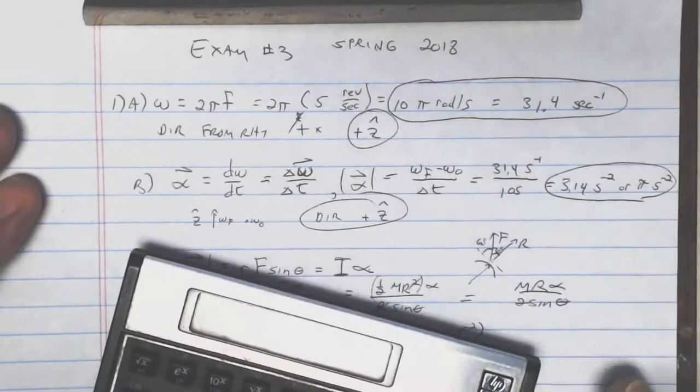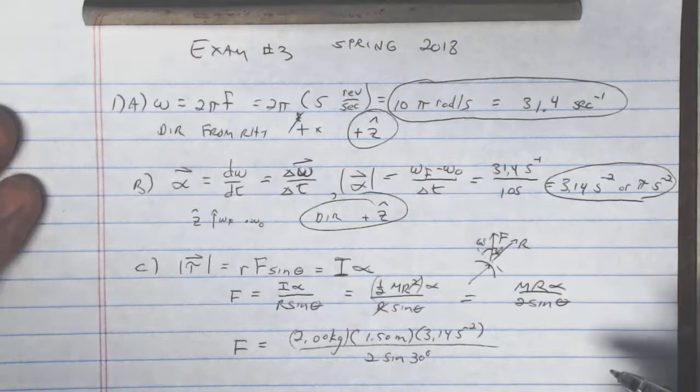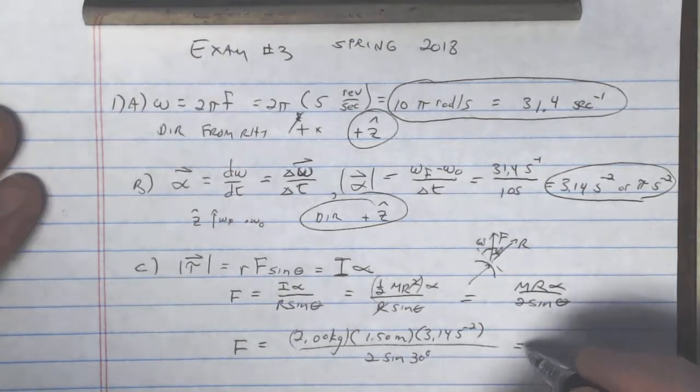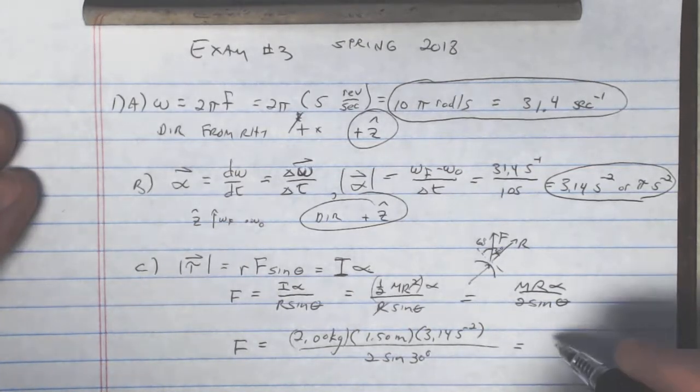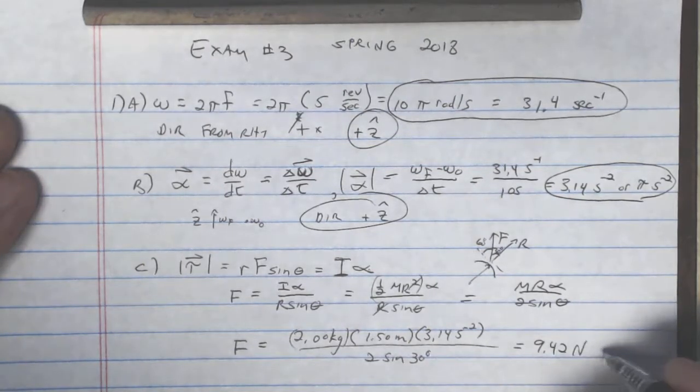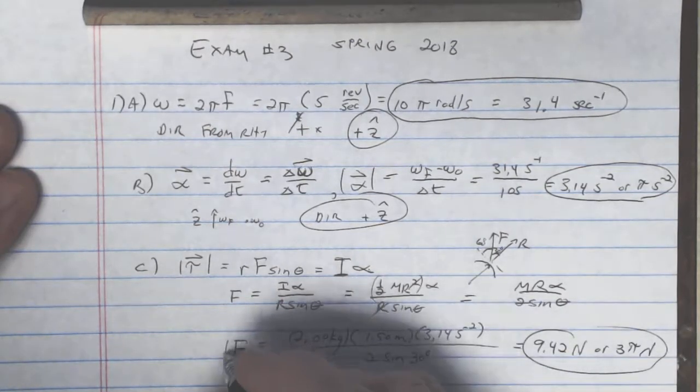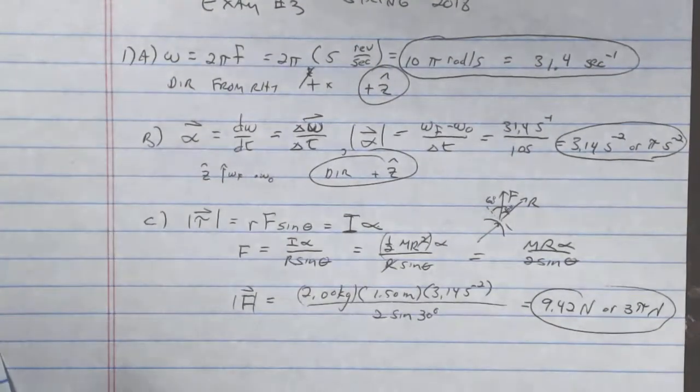Pull out your handy calculator. Plug in the numbers, and you'll see the answer for the magnitude of the force is 9.42 newtons, or if you keep the pi along for the ride, 3 pi newtons. So that's the magnitude of the force. That's all we need in this case, just the magnitude.